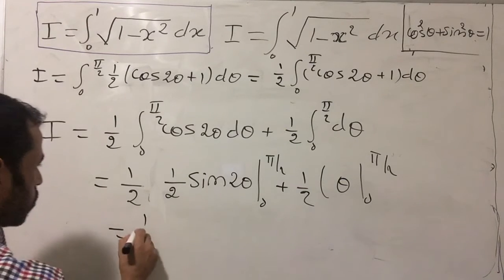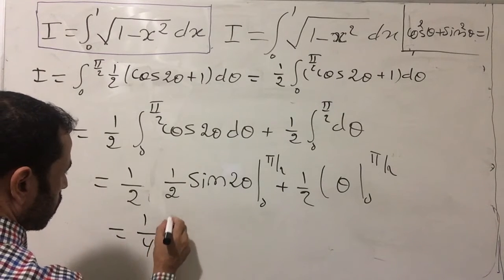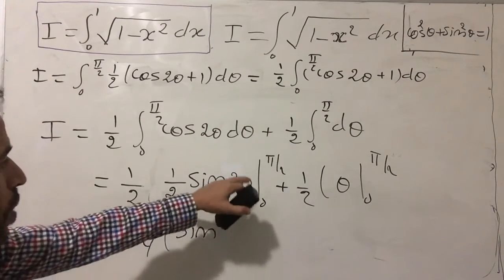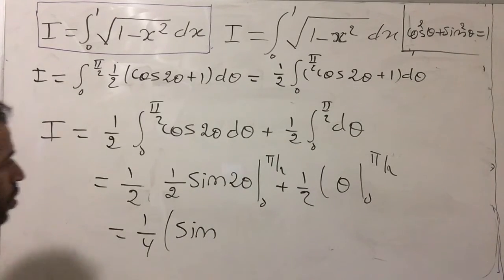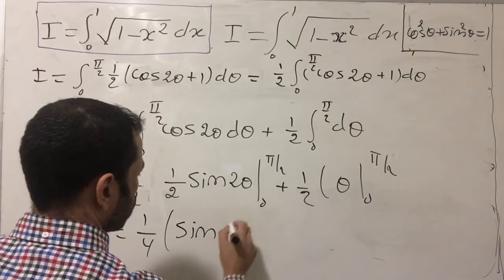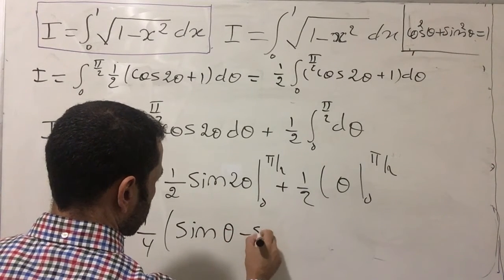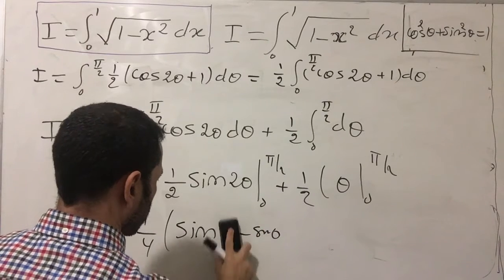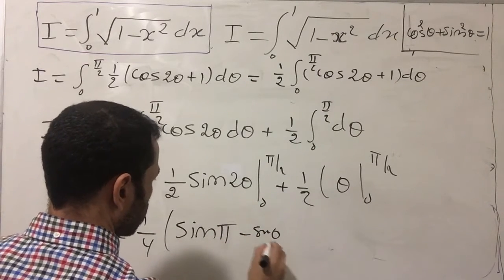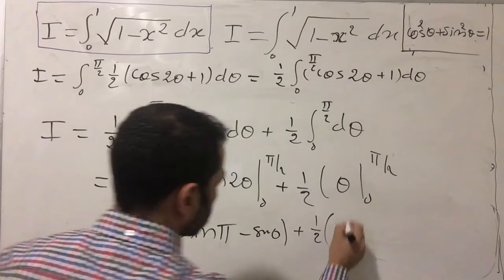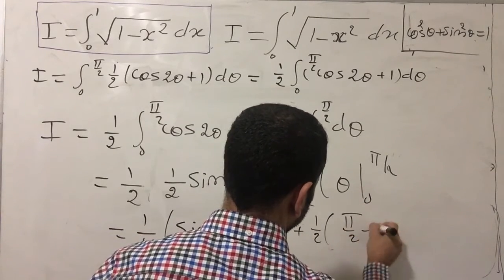Plugging in pi over 2, I have 1 over 4 times (sine of pi minus sine of 0), plus 1 over 2 times (pi over 2 minus 0).